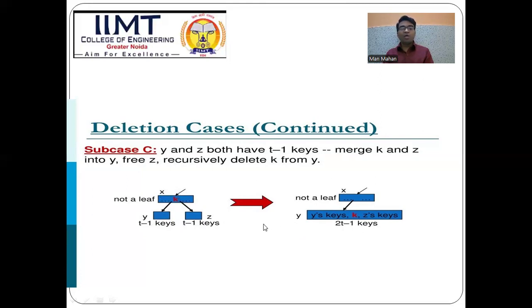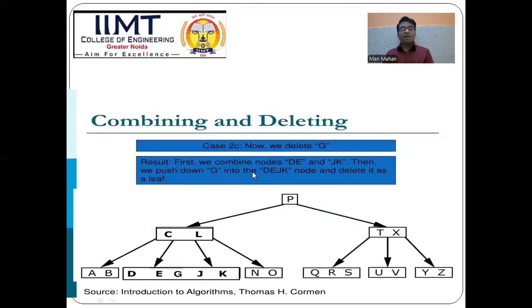Then in this case we merge all the elements in a particular node. We can see merge y, z, and k, so combine them in the particular node. Combining and deleting, we also discuss here combining these elements, and these are the examples of combining and deleting the elements.